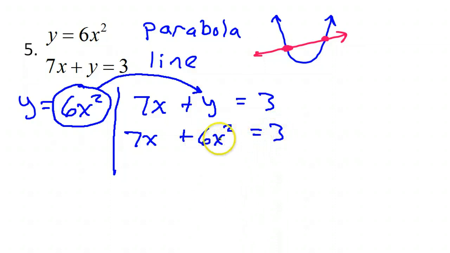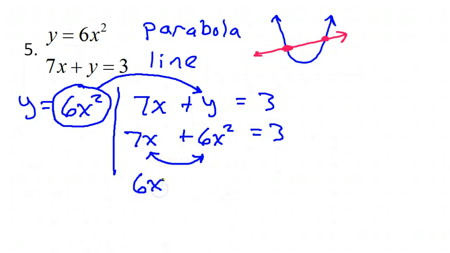Now I see I've got a quadratic term, a linear term, a constant term. This is the type where we get 0 on one side, then try to factor or use the quadratic formula. First of all, this is all out of order, so I might just switch these around. I'm not subtracting 6 from both sides or anything like that. I'm just using the commutative property of addition to write this how I'm more comfortable.